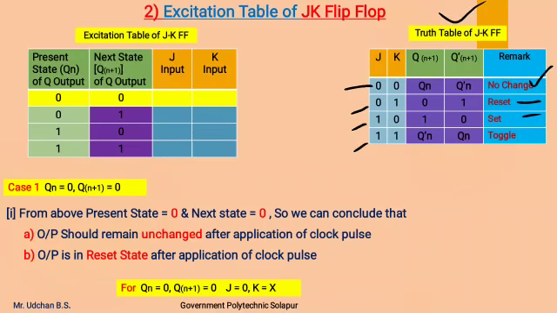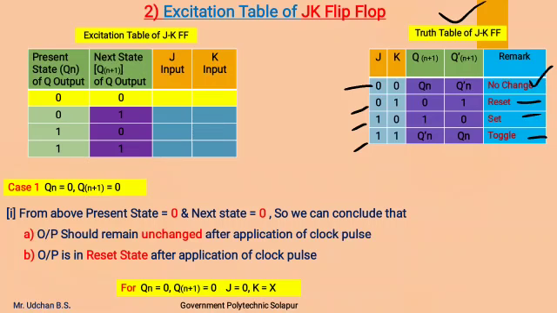And lastly for 1 1, the output is in toggle state, means Qn plus 1 will have the complemented value of the previous value, that is Qn complement, and Qn plus 1 complement will have the normal value of the previous state, that is Qn. Means in toggling we are getting inverted values of the previous state.